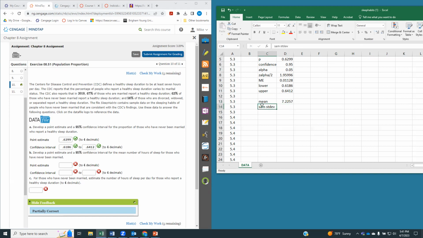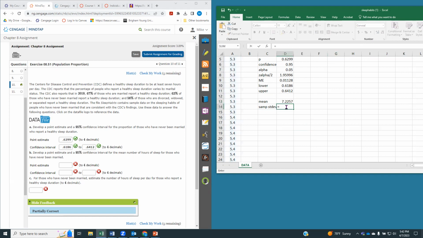And then our sample standard deviation. I like that better. Here's the trick I was talking about. I know that this is the number that we want the average for.